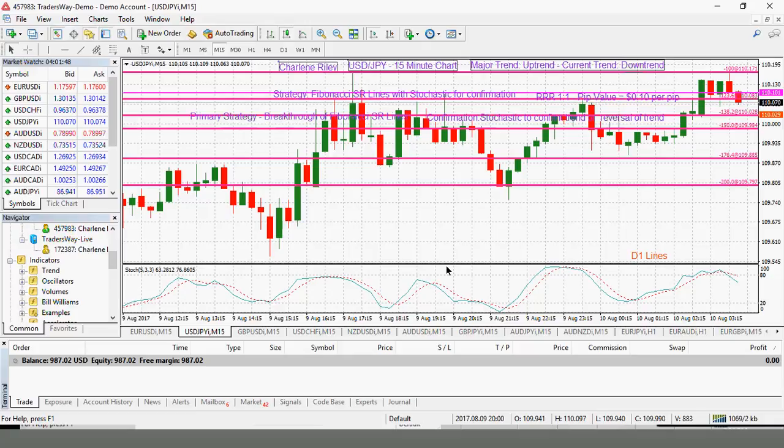So my trade setup here is the breakthrough of this support line, 110.083, and I'm looking for the stochastic to get to 50.